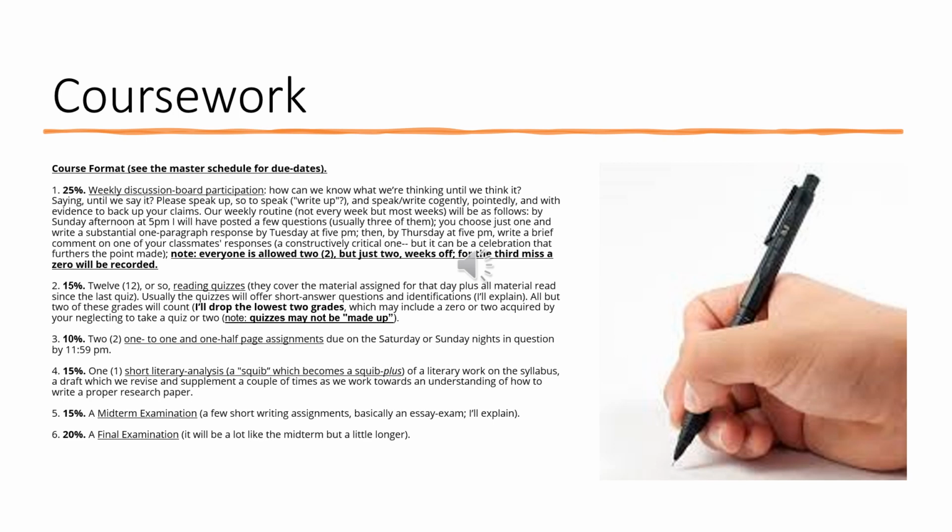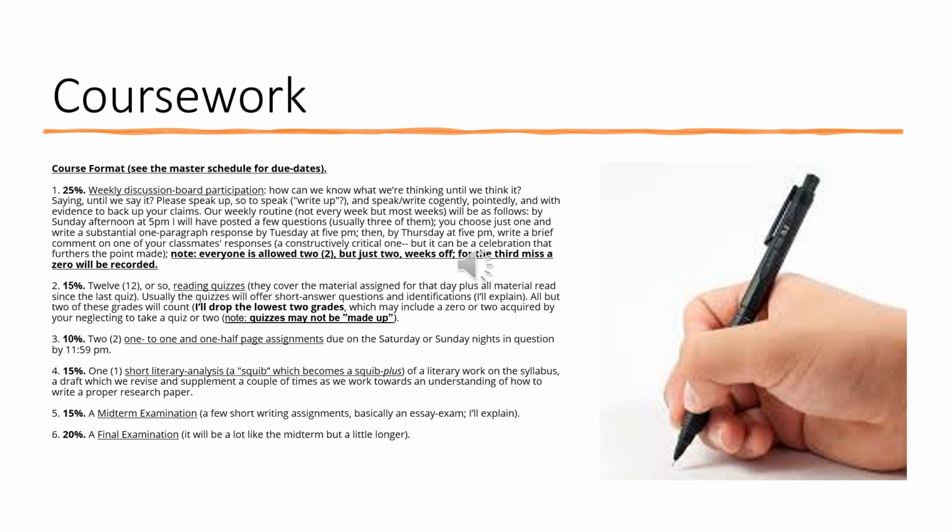So here's coursework. This is always an important part of any introduction to a course, isn't it? Find out what you actually have to do. Well, we have, as you can see here, broken down into 6 little items, 6 different kinds of material that you'll be doing. The first one, the weekly discussion board participation. Then some quizzes that I'll talk about in a moment.